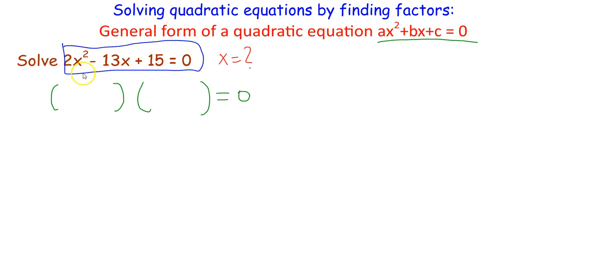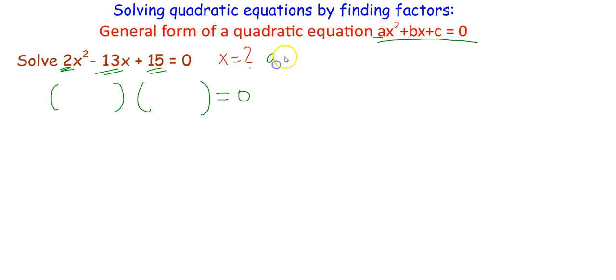Okay, in order to find the factors of 2x² − 13x + 15, first thing I'll compare it with the general form of a quadratic equation. Alright, you have here a is equal to 2 and b is equal to negative 13 and c is equal to 15.